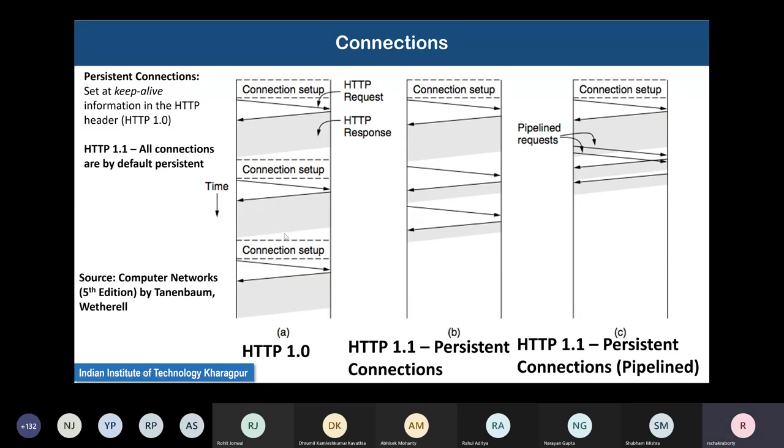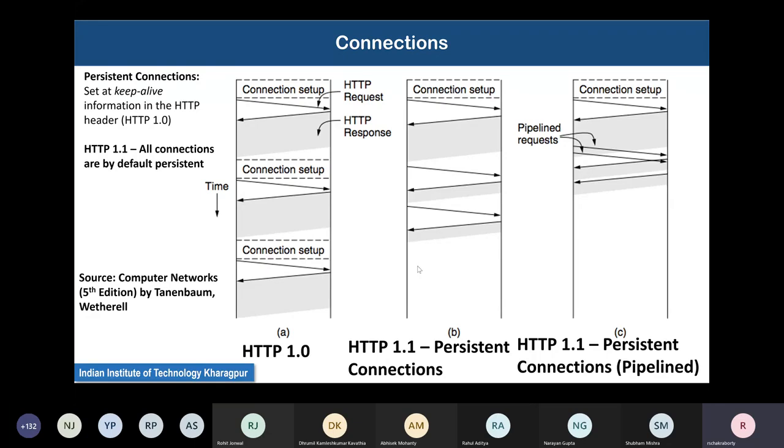Automatically, after one response, it will be disconnected. Then it says, oh, this faculty's image, there are four other images. I need them also. Again, it requests one image, please send me this image. Again, it sends and then again disconnects. In this way, this continues terribly slowly and terribly wastefully.